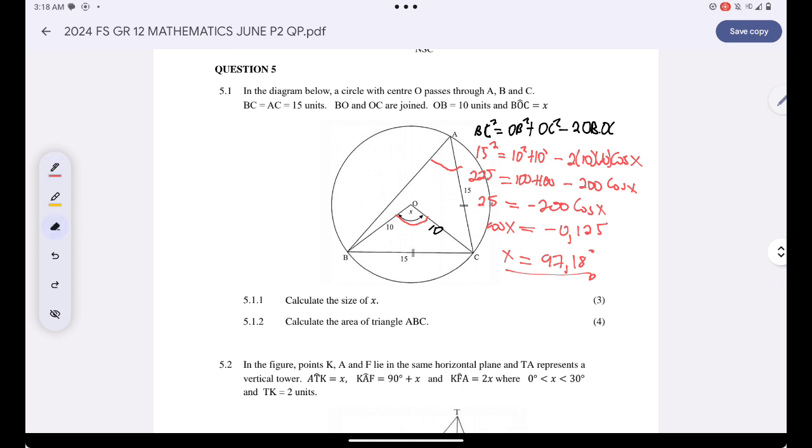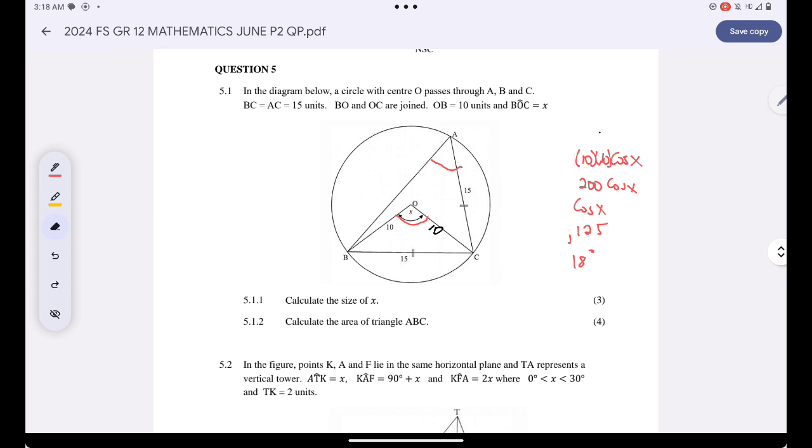Let me erase there just to create room to answer the second question. Okay.